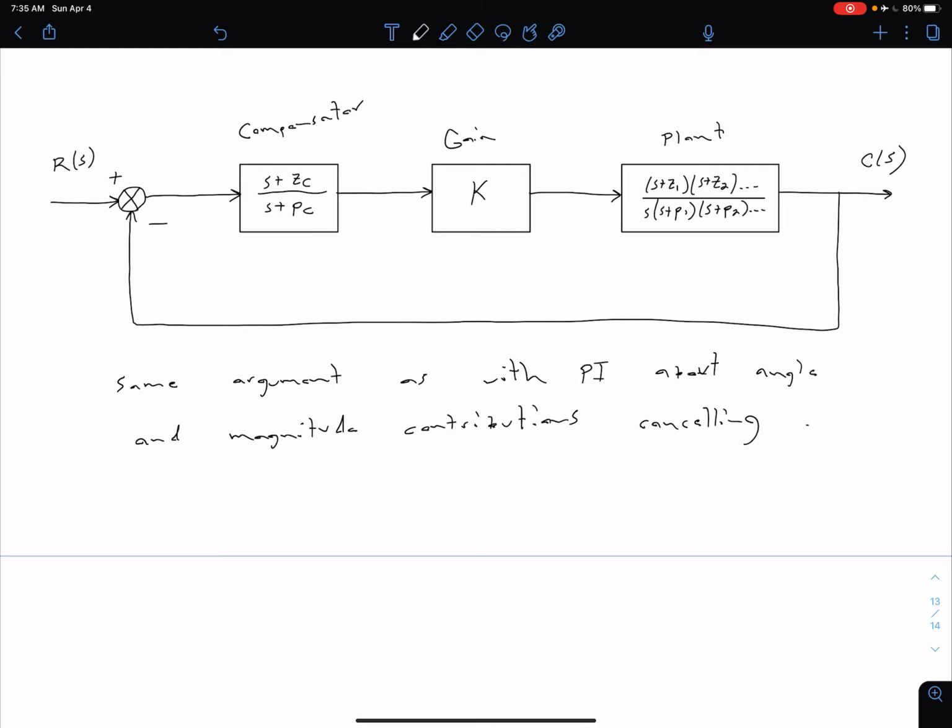For that canceling to be true, the pole and zero have to be close to one another. So in this case, we can say if ZC and PC are close to one another, then we have relatively little change in our root locus, which means we're not changing the transient response significantly.